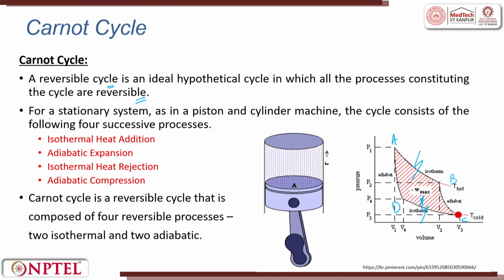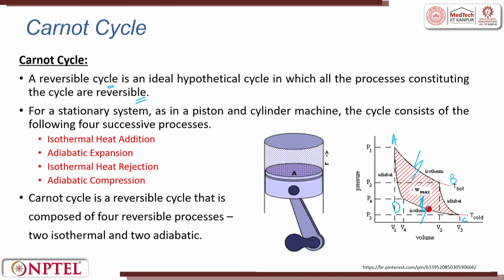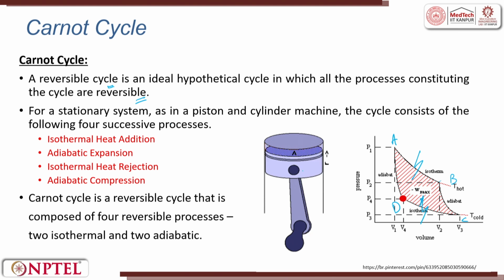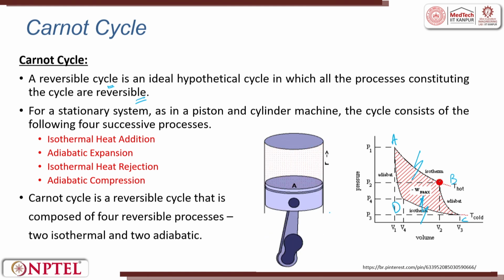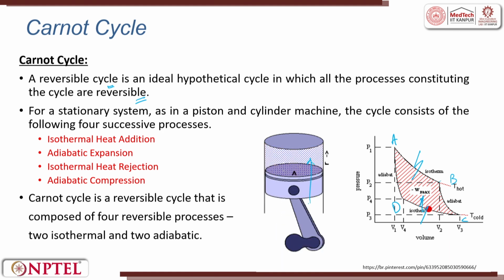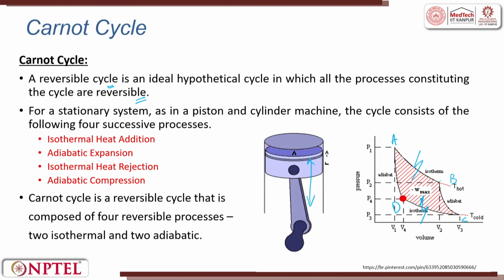For a stationary system, as in a piston cylinder machine, you will have a cylinder and you will have a piston. This piston will move up and down.